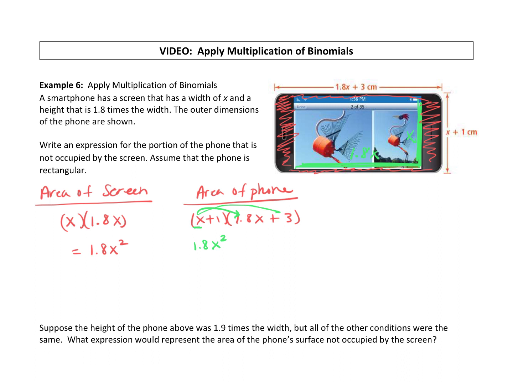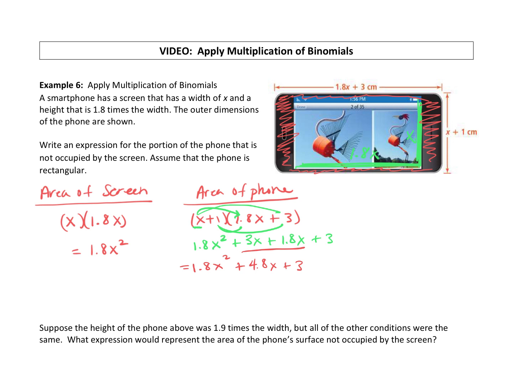X times 3 is plus 3x. 1 times 1.8x is plus 1.8x. And 1 times 3 is plus 3. Do we have any like terms? We sure do. So the area of the phone is equal to 1.8x squared. Here we have like terms. Let's add those together to get 4.8x and then carry down our plus 3.